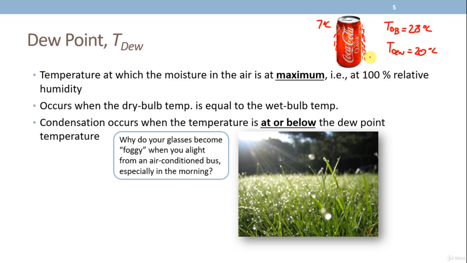It's because early in the morning, the dry bulb temperature and the dew point temperature are actually quite close. Maybe they are just 2 degrees Celsius away from each other. So when the air touches the cold surface of your spectacles or your mobile phone, it reaches dew point very fast, or even goes below the dew point very fast, so condensation will start to happen. That also explains why water droplets will form on the grasses and the blades of the leaves in the early morning.